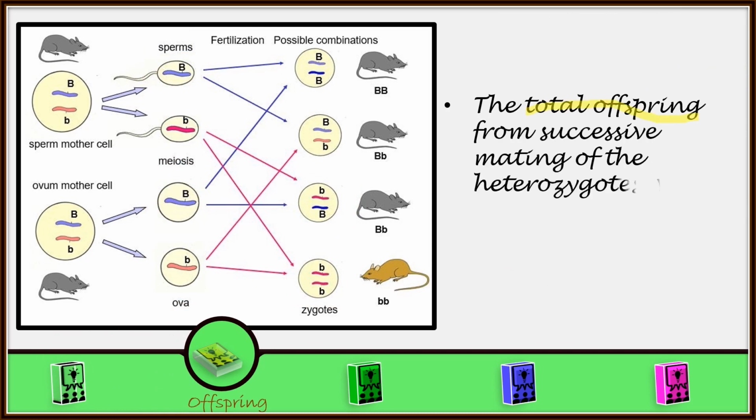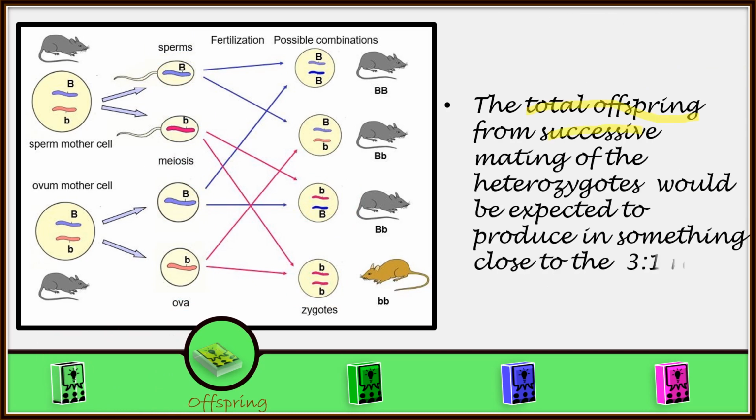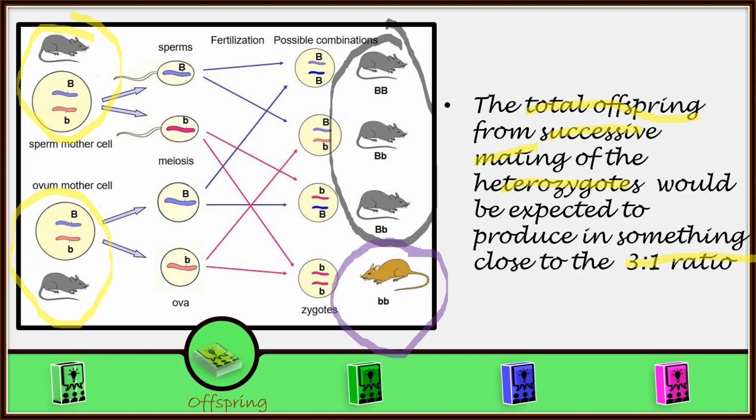The total offspring from successful mating of the heterozygotes would be expected to produce something close to a 3:1 ratio. So when we cross a heterozygote with a heterozygote, we are likely to have a ratio of 3 blacks and then 1 brown, which we call the Mendelian ratio.